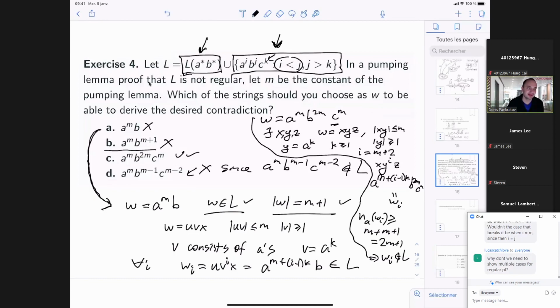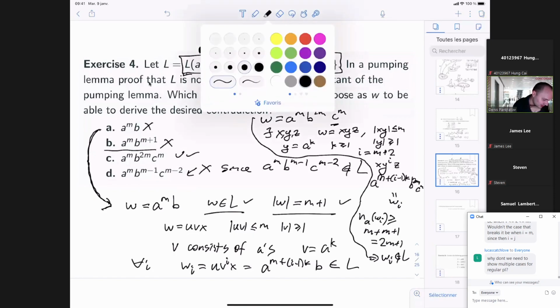Yeah, and I think the question in chat says the same essentially. Why don't we need to show multiple cases for the regular pumping lemma? Sometimes you do have to show several cases, but the main reason it doesn't happen here is that in the regular pumping lemma, the decomposition is close to the beginning of the string.